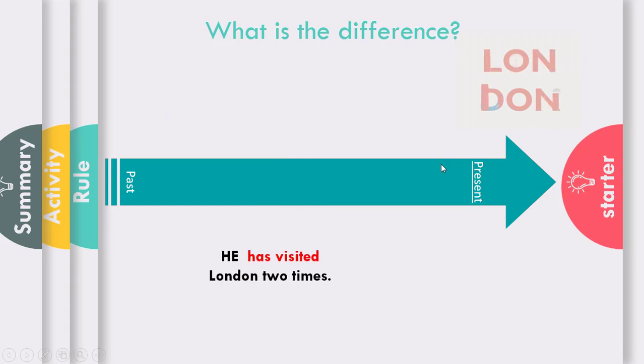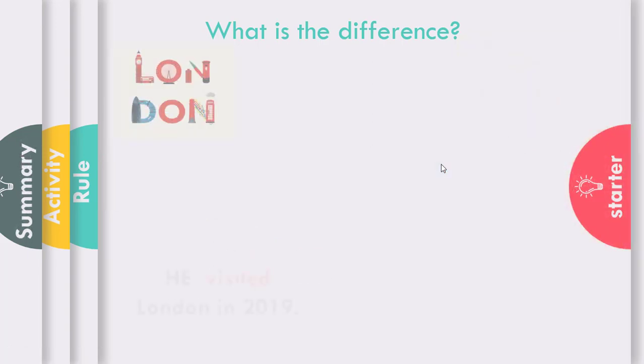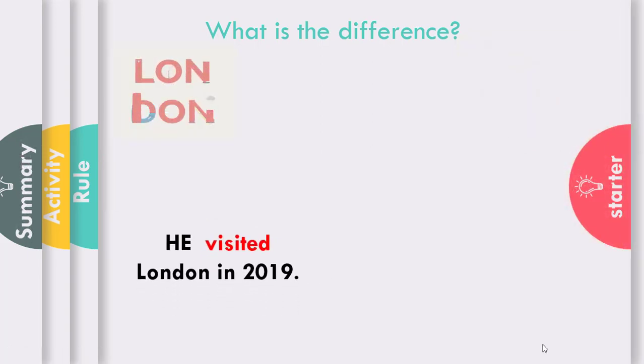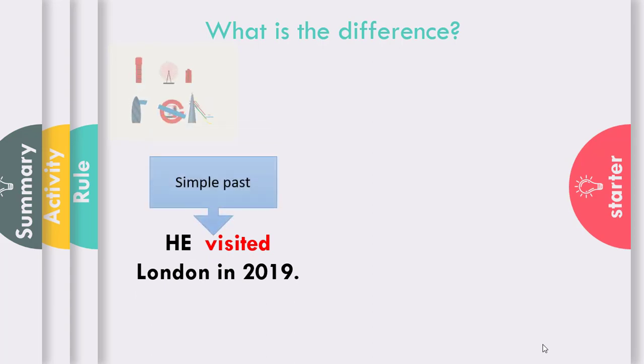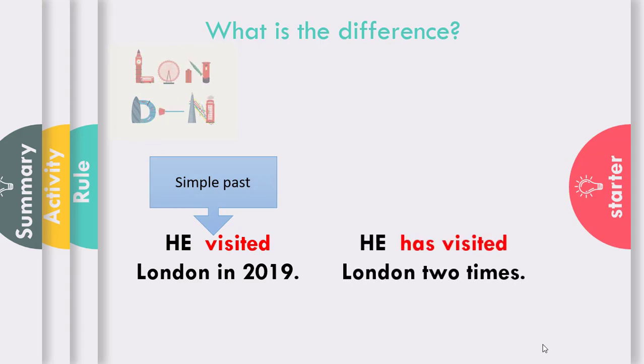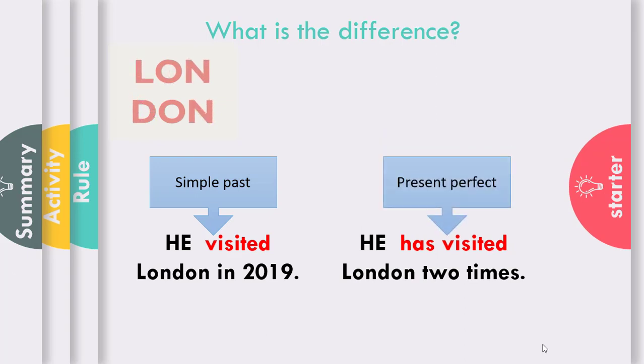While when we say he has visited London 2 times, here the time is indefinite, الوقت غير محدد. So when we say he visited London in 2019, it's a simple past tense. While when we say he has visited London 2 times, it's a present perfect tense.